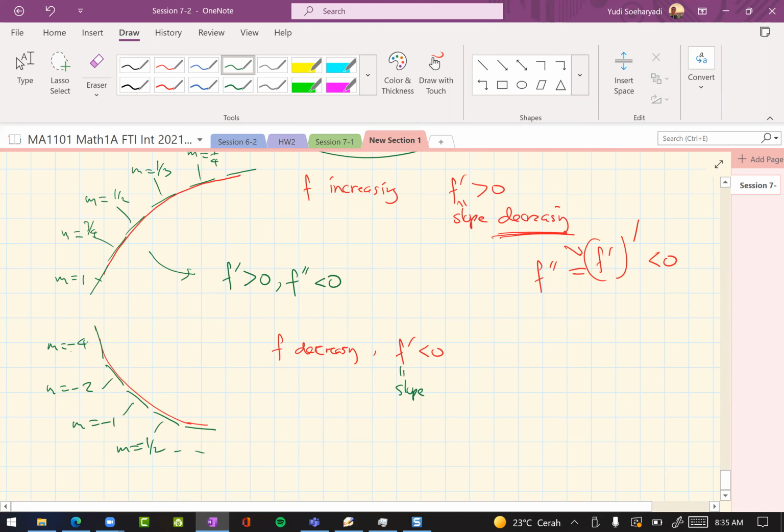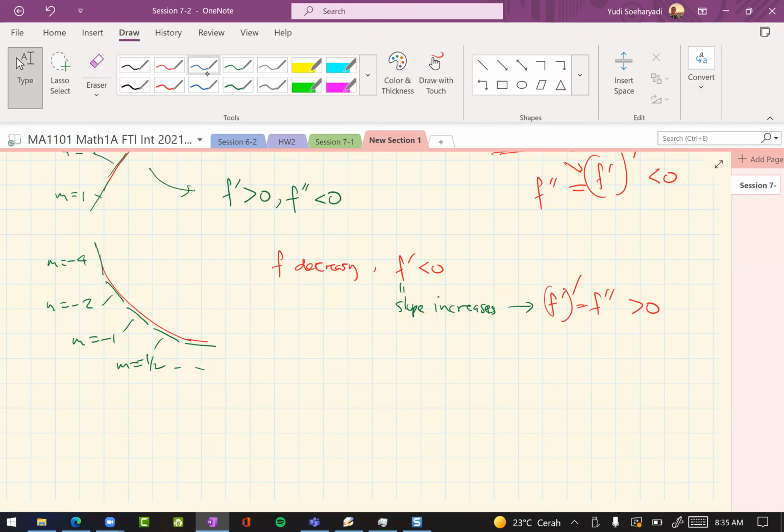So what can you say about the slope? It increases. Right? Okay. So it increases, that means the derivative of this one, which is the second derivative, is positive.